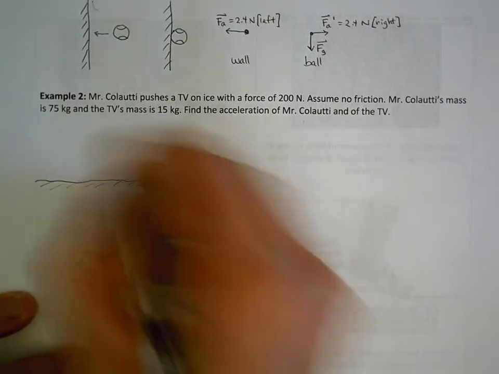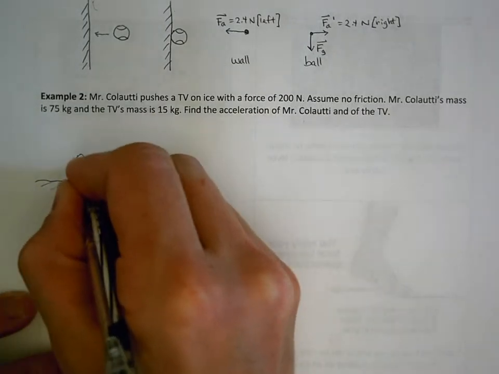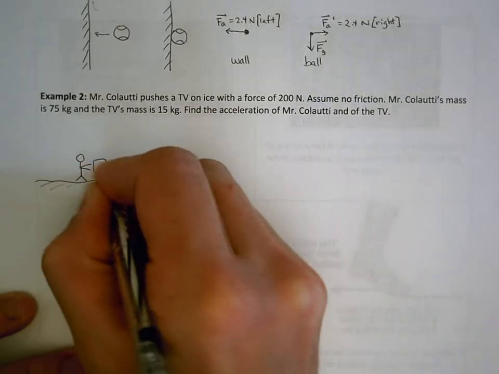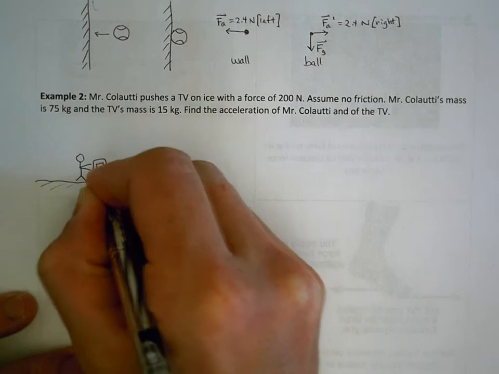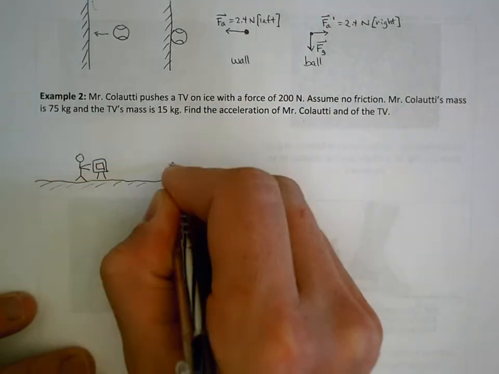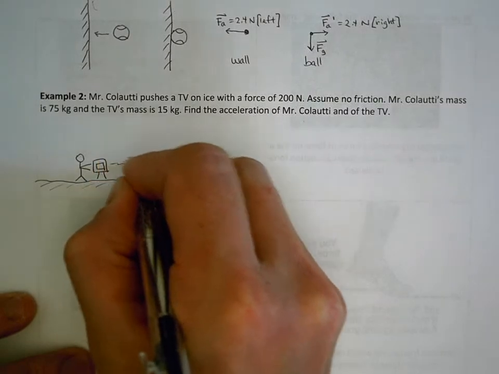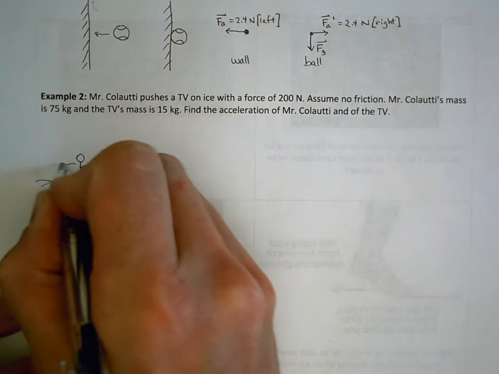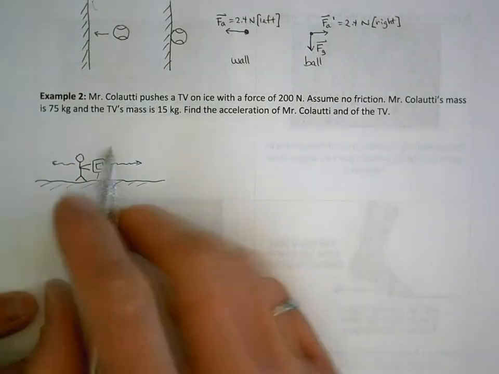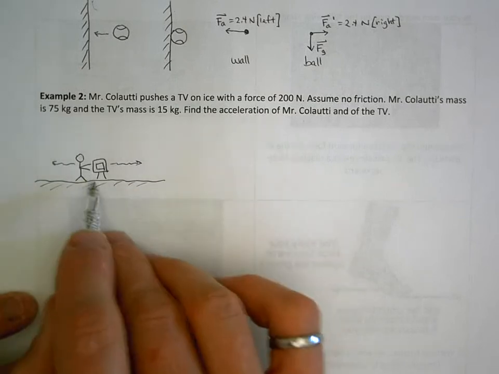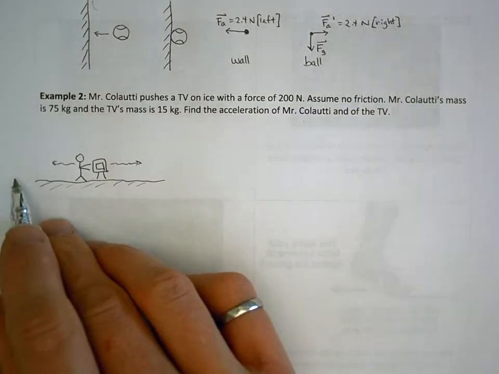So when we stand on the ice and we push a TV, the TV is going to go this direction for sure, but when I push off on the TV, I'm actually going to recoil backwards a little bit. This wouldn't happen if I had good shoes with good grip, but on a frictionless surface, I actually would go in the opposite direction.